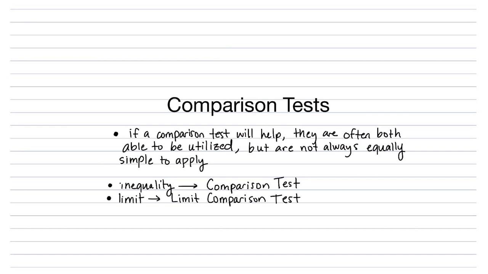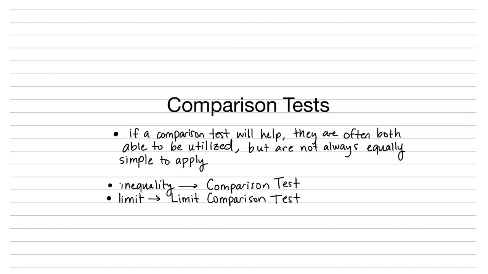So you want to think harmonic series, p-series, geometric series, some series that you know on a very elementary level to be either convergent or divergent. Then in that situation where you can see an inequality that's true, that's when you would use the comparison test. And if you're not sure if your inequality is true, that might be a sign that either your inequality is untrue or you just don't have enough information to utilize the comparison test.